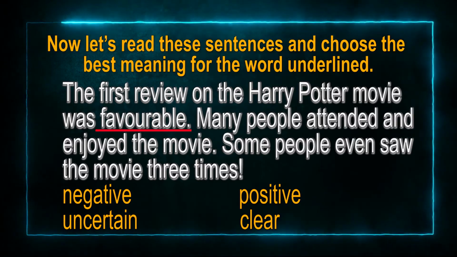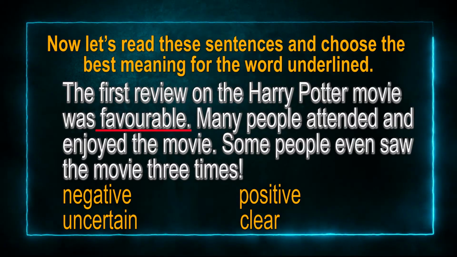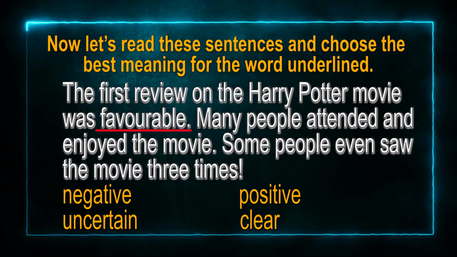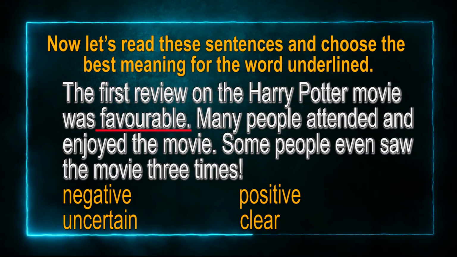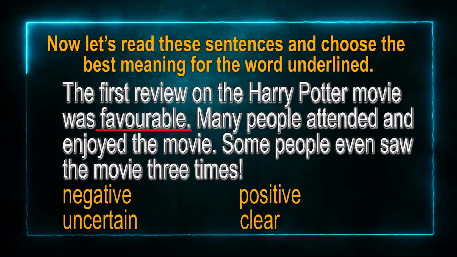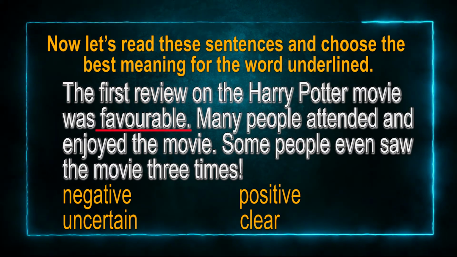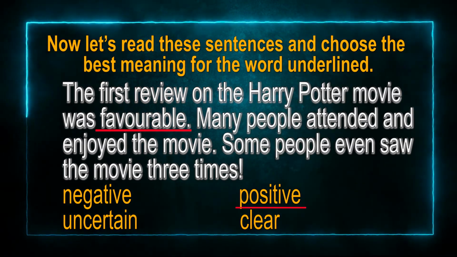If you look, you will see that the next sentence is, many people attended and enjoyed the movie. Now, if you enjoy something, if many people went to see it therefore means that it had to be something good. And we could simply say that something good is positive.